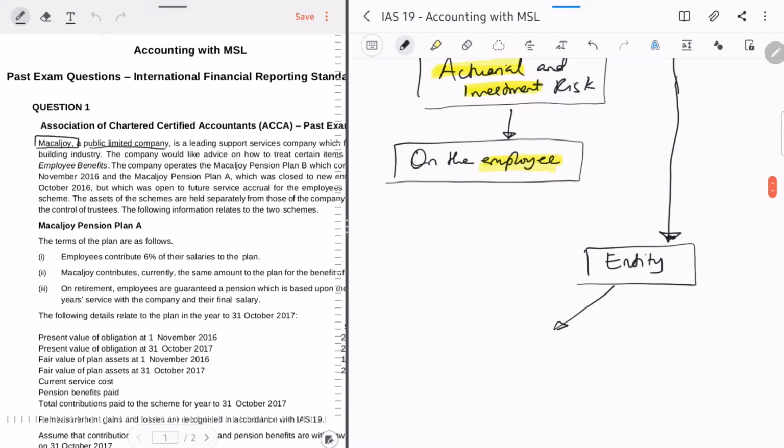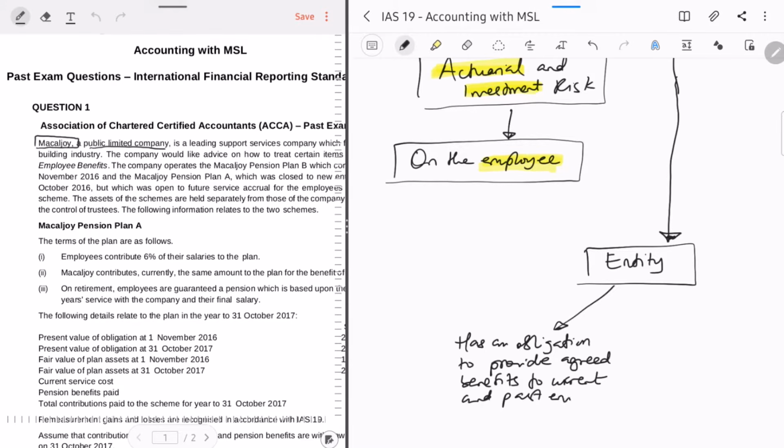Here the entity has an obligation to provide agreed benefits to current and past employees.